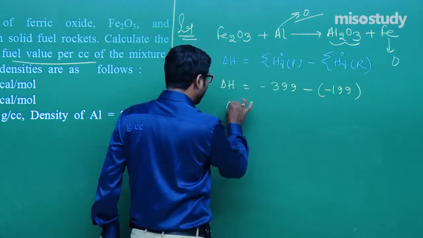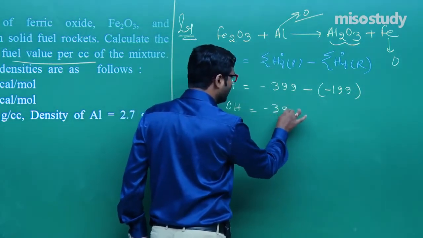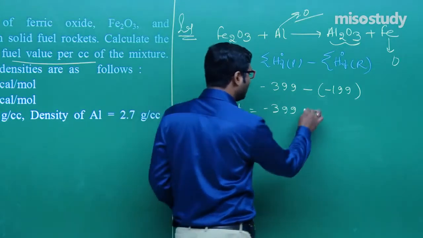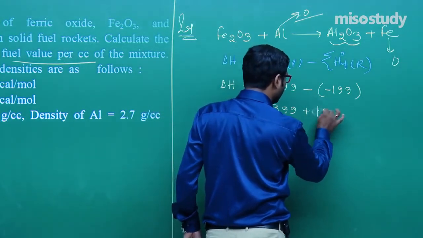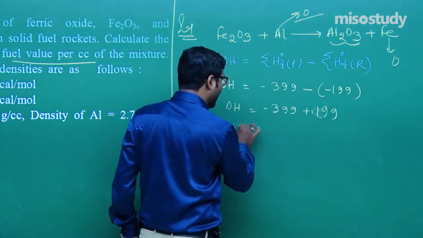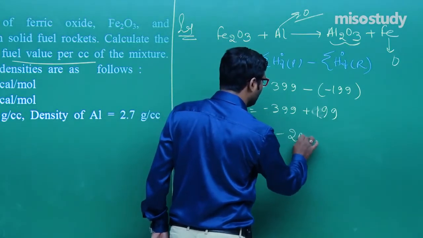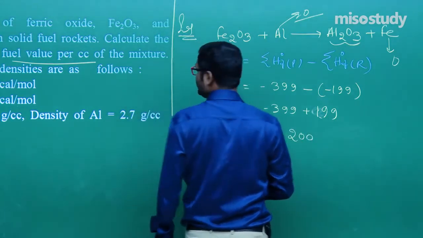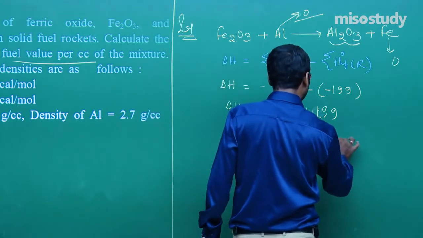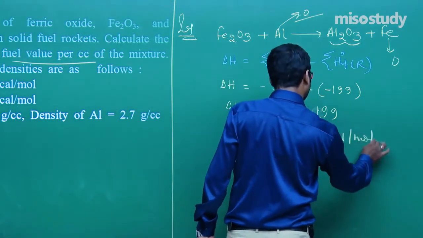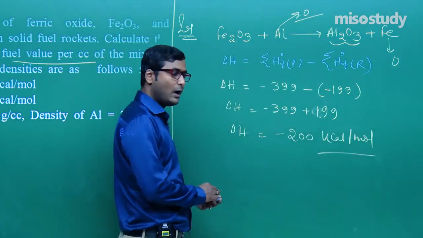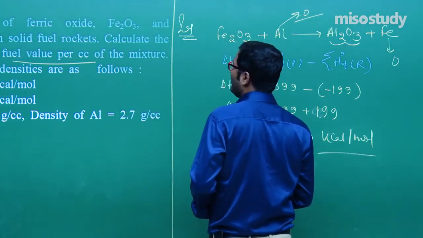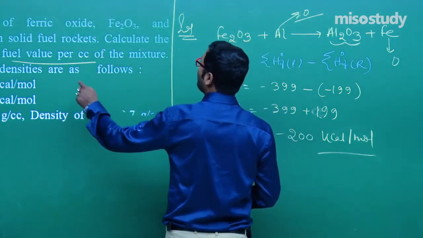Clear? So delta H in this case is minus 399, that is minus minus plus, 199, and delta H will be equal to 200 kilocalorie per mole.